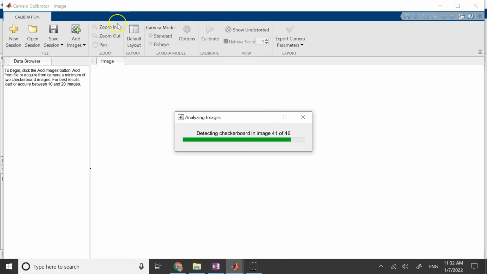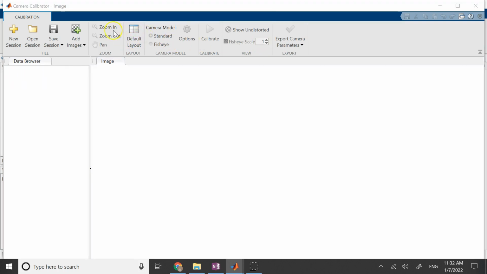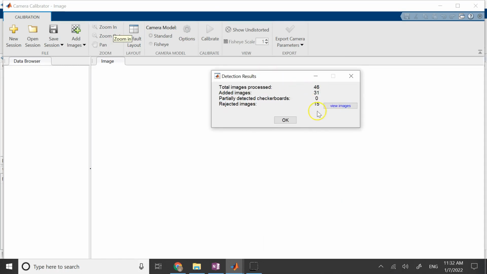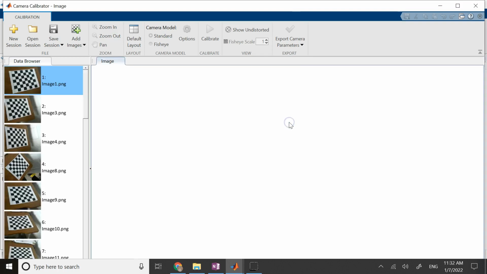There are some settings that you can do for calibration. You can tell it whether it has a fisheye scaling or not, whether it's a wide lens or not. There are some other things that you can do in the options. I'm going to tell you, but you can see here out of the 46 images, 15 of them were rejected. You can click on the rejected ones. 31 were good.